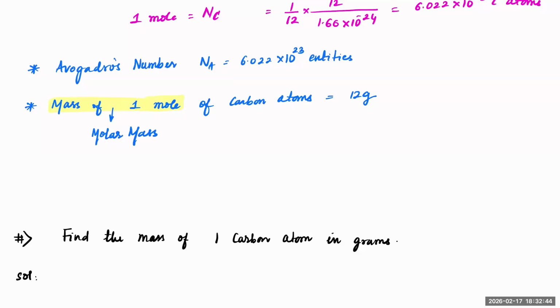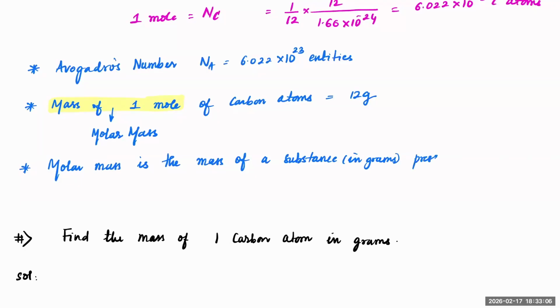So from here we get to the definition that molar mass is the mass of a substance, generally in grams, present in 1 mole of a substance.